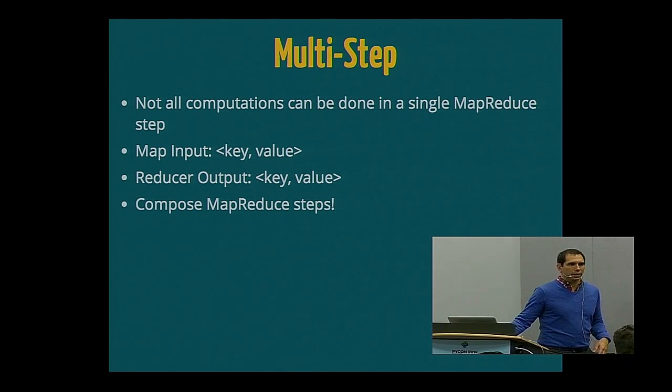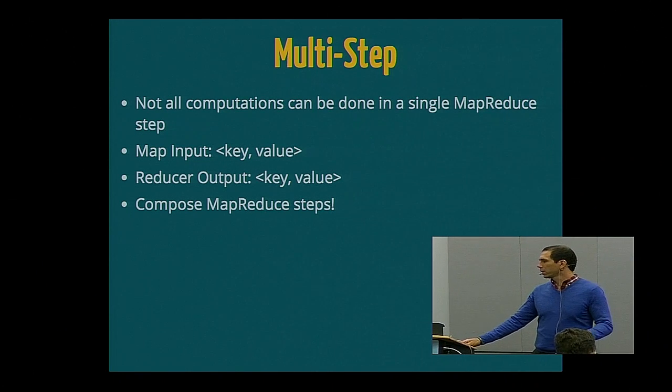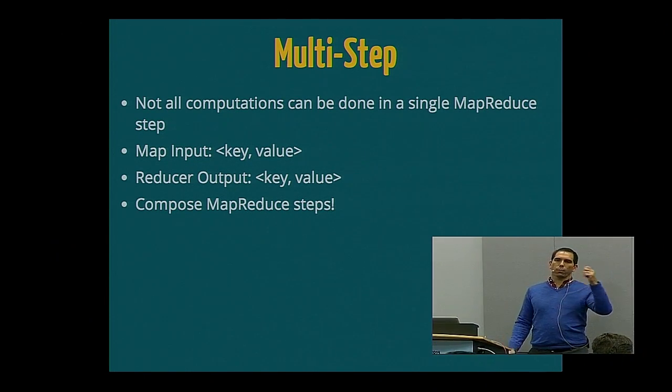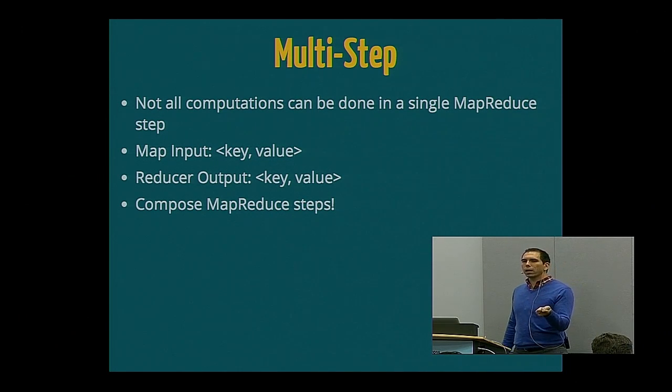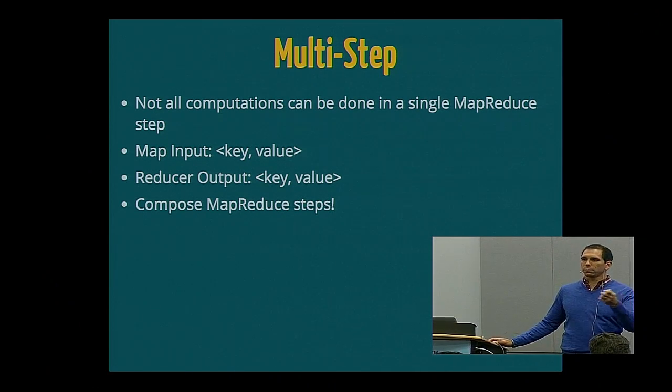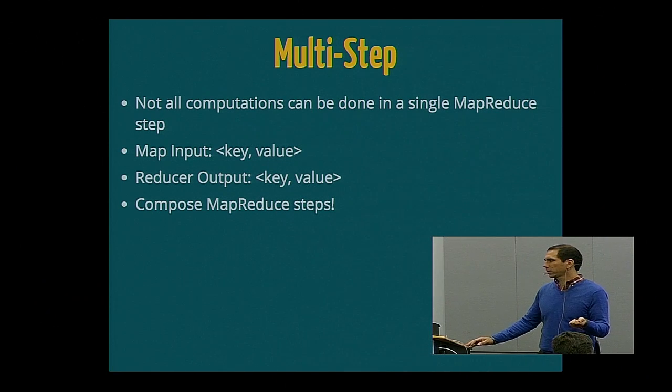And we're going to be talking about multi-step jobs. So far, we've been looking at one map and one reduce method, right? But not all computations you might think of can be done in just one map and one reduce step.